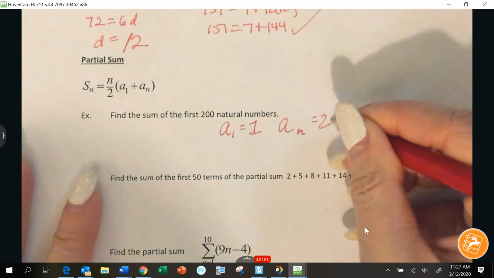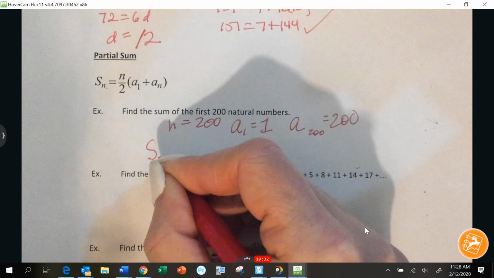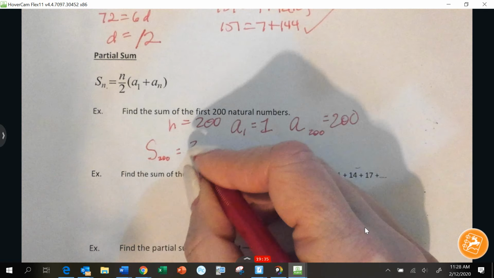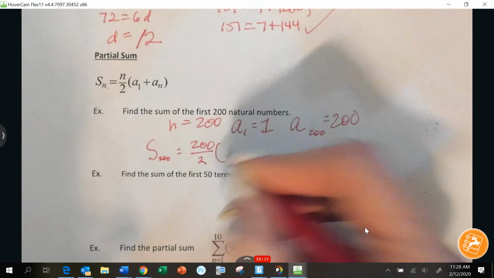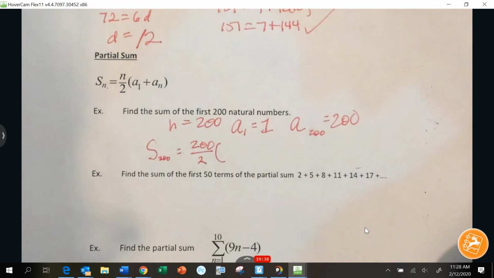How about the next? Yeah, I was just checking to make sure, but yeah, the next one's different. Okay. So we're going to use this formula. We're going to do the 200 terms divided by 2, and we'll multiply that by 1 plus 200. So 100 times 201.